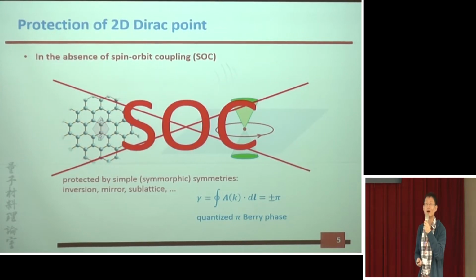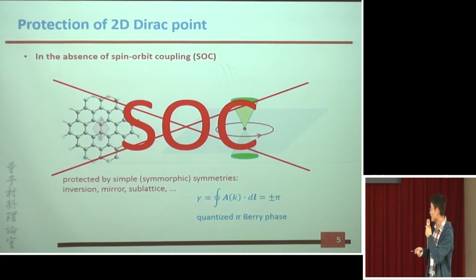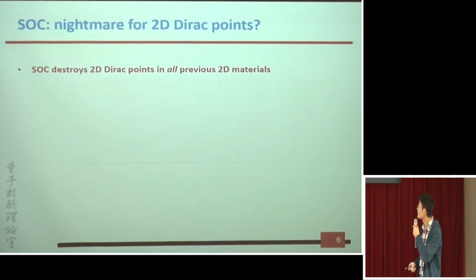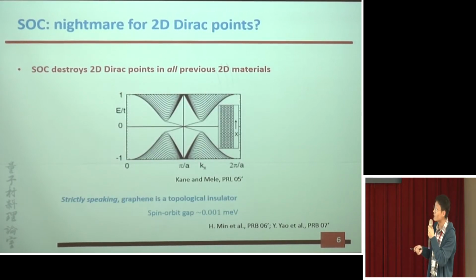But what if you have spin-orbit coupling? Because spin-orbit coupling is universal, you cannot just artificially drop it out. Generally, for 2D Dirac points, if you add spin-orbit coupling, they will be destroyed. For example, the famous example, graphene: if you include spin-orbit coupling, as shown by Kane and Mele, it opens a small gap at the Dirac points.